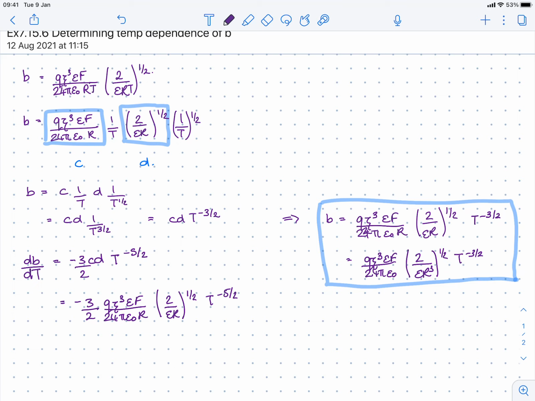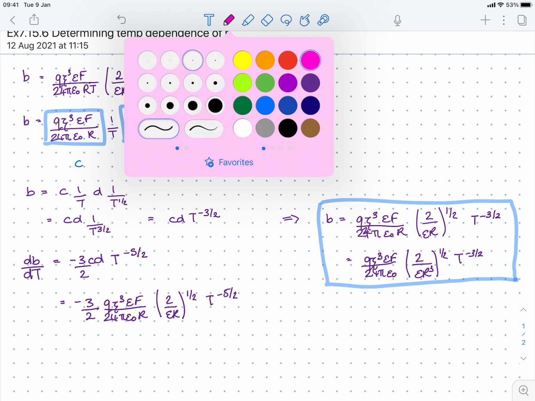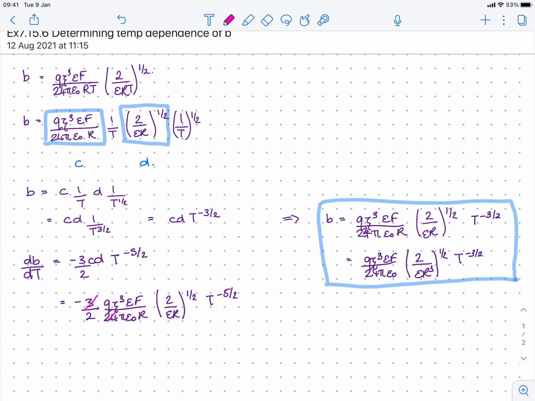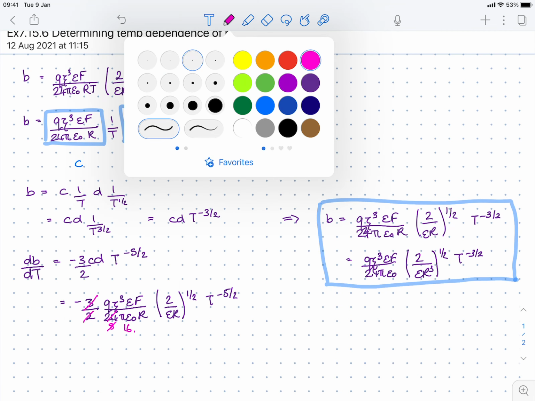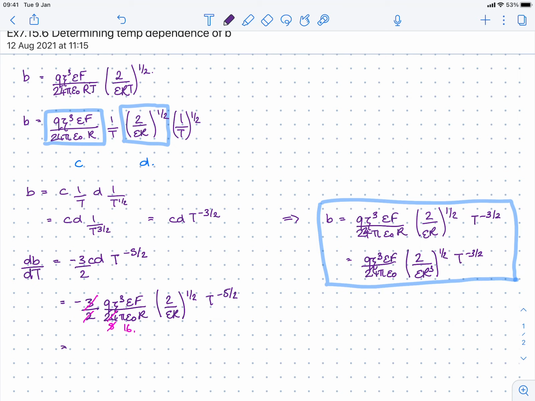And so I have a 3 on the top, and so that will cancel out with this 24 to leave me with an 8, but then I've got a 2 and an 8, and so I can combine those to be 16. And so now if I just write this out in full, this is minus qz cubed epsilon f over 16 pi epsilon naught r, 2 over epsilon r to the half, t to the minus 5/2.